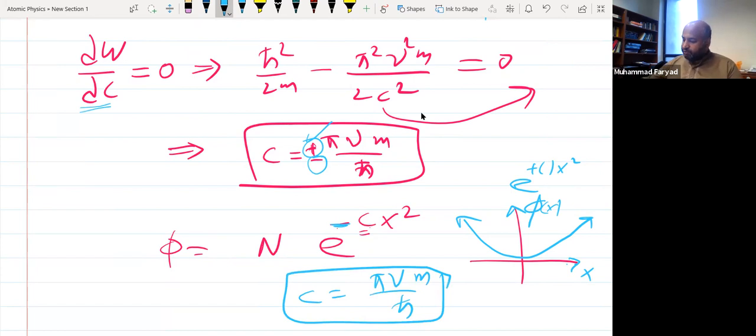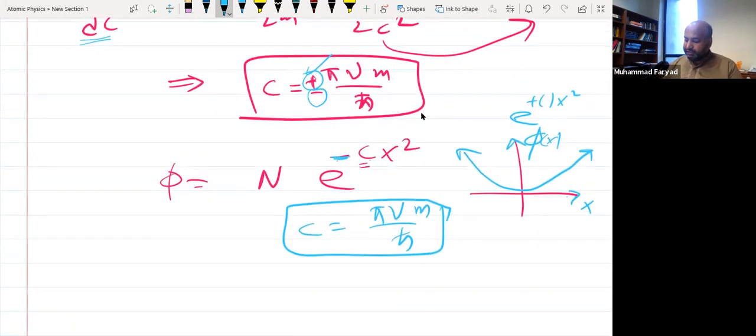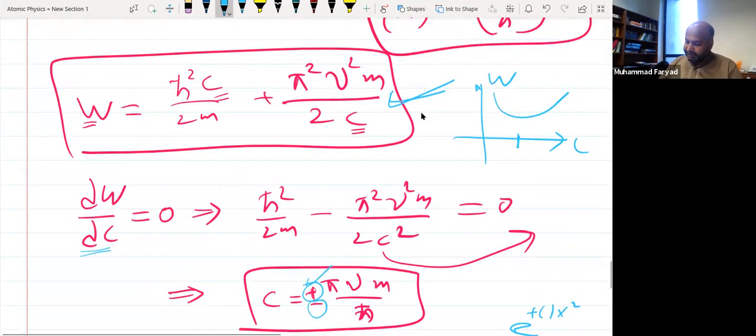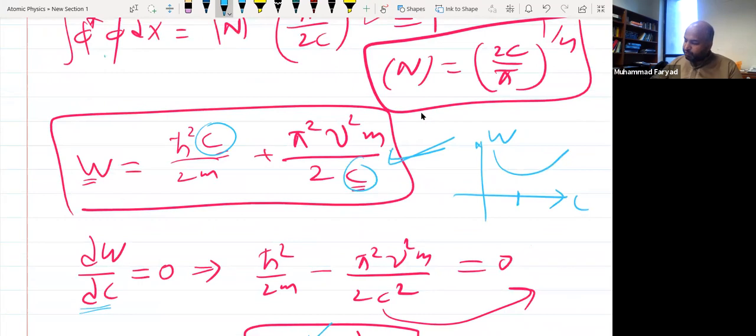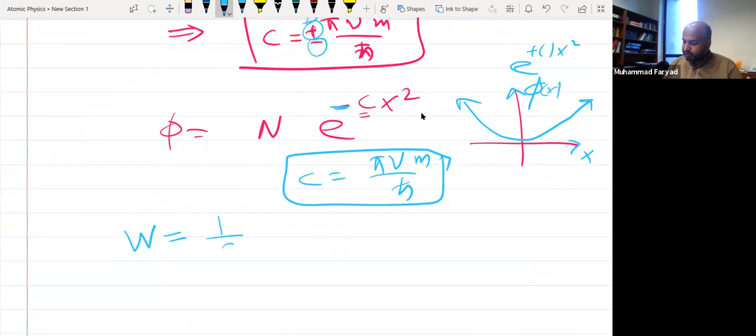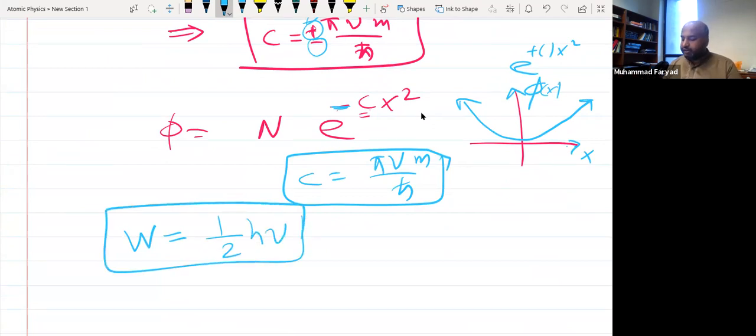And now we also have to find the value of w at this c. So when I compute this w, you put this c back in here, and here, and compute this w, and you can work it out, and the answer comes out to be half h nu, which we already know is actually the ground state energy of the one-dimensional harmonic oscillator.